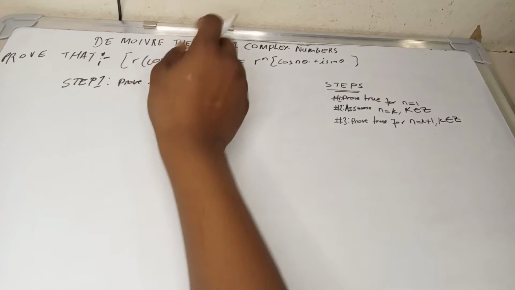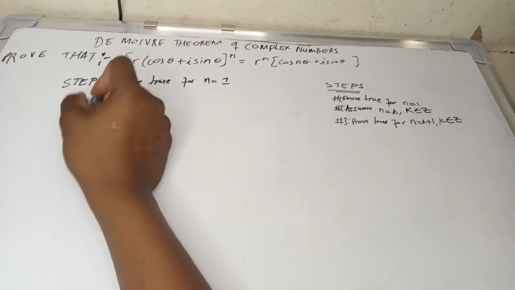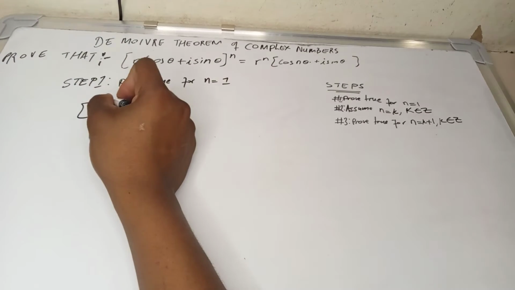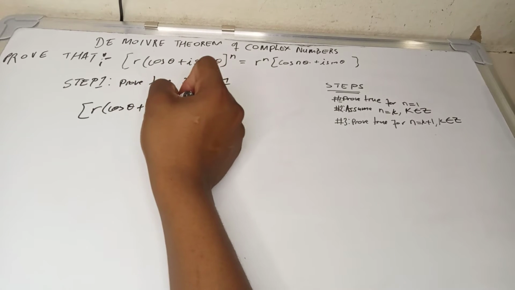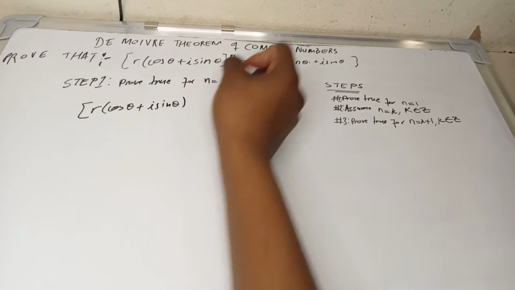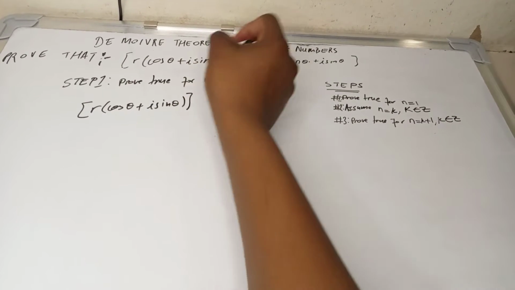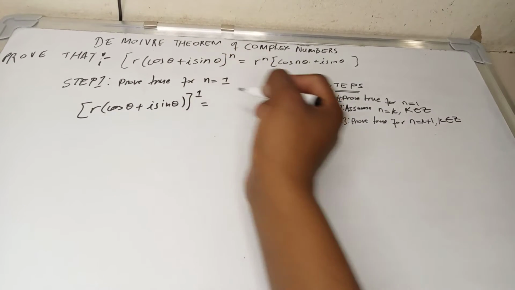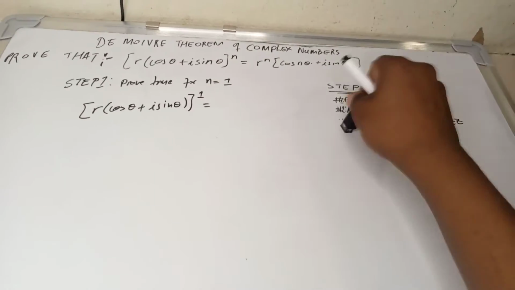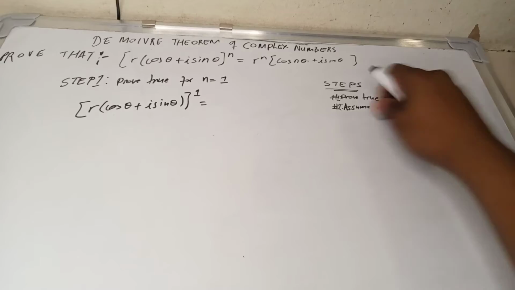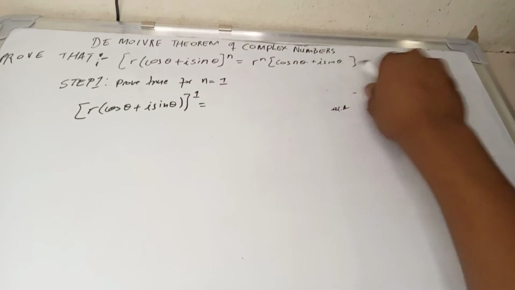So here on my left hand side, I will have r times cos theta plus i sin theta, all raised to the power of 1, equals, let me quickly wipe all these to create some room.